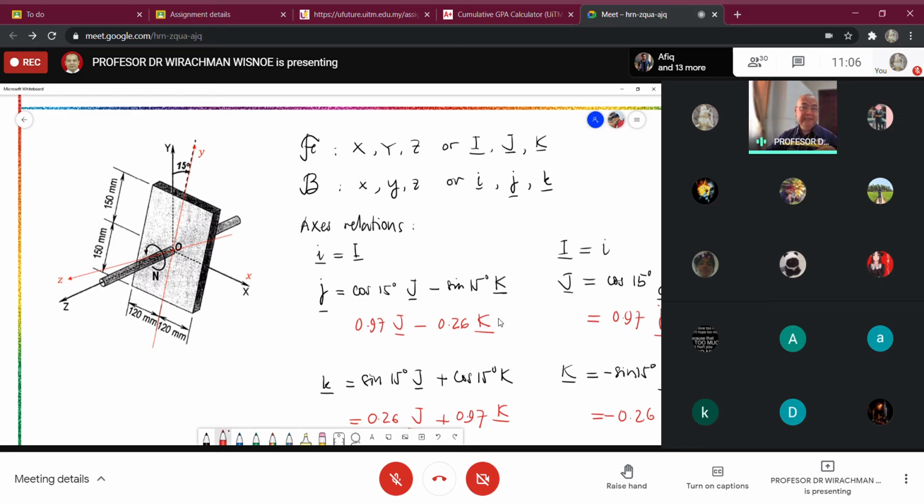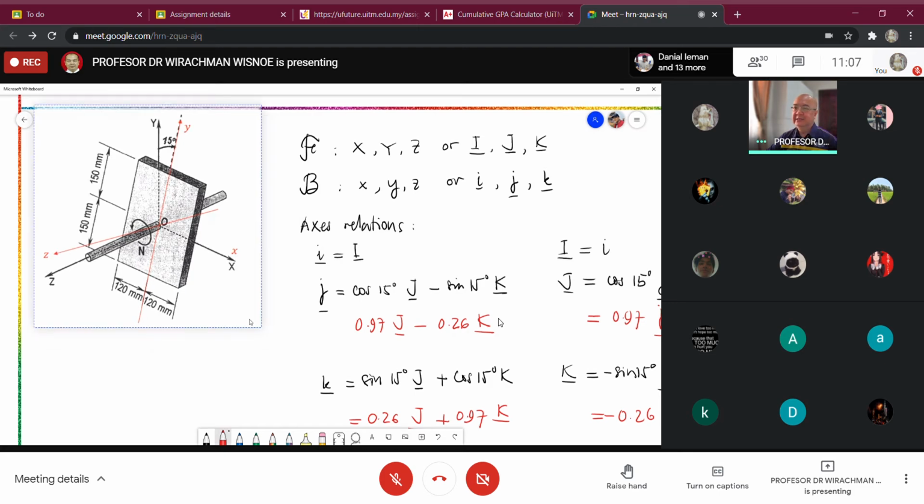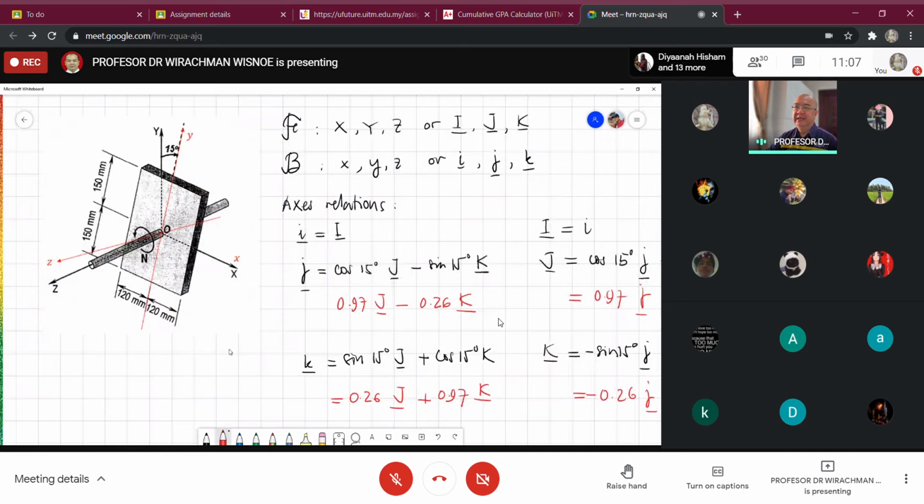But the rotating axis is the capital Z, capital X, capital Y. So if I say the fixed axis is the capital axes, the body axis is the small one. And then we try to make a relation between the capital and the small axes. So this is the relation.